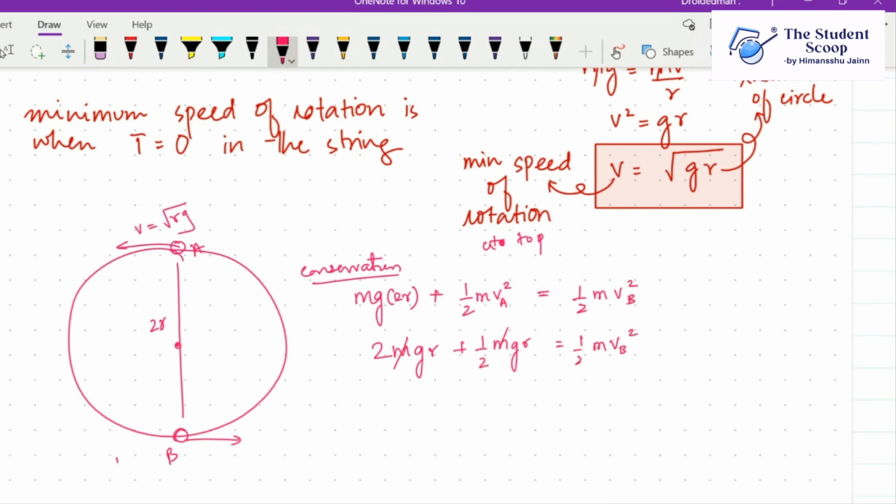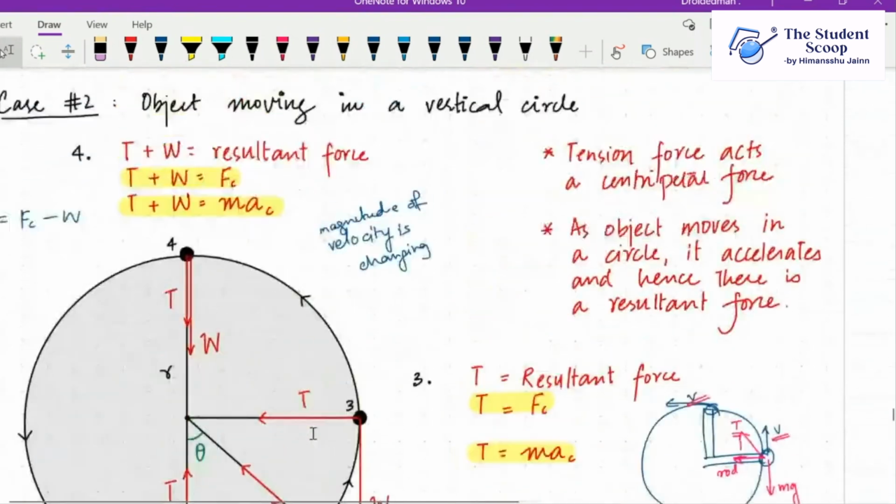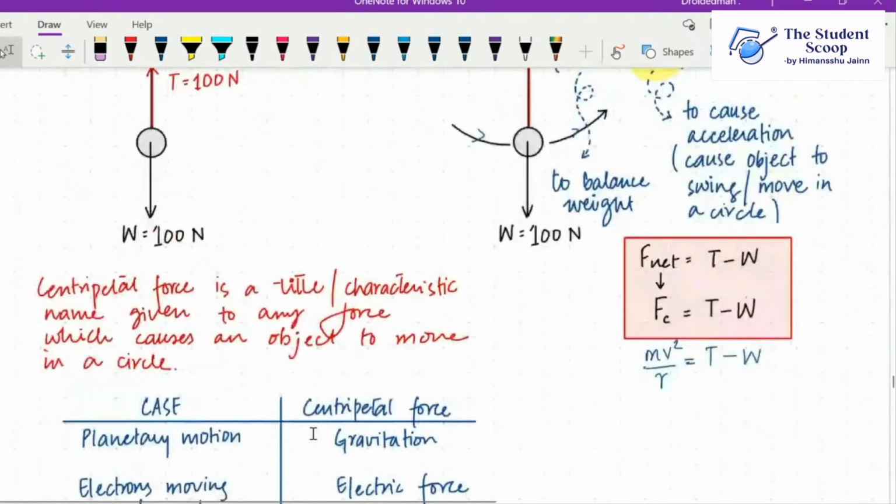We can cancel out all the m's, and if we work out the math, v_B will be equal to root of 5gr. This is the minimum velocity at the bottom so that the object can perform vertical circular motion without the string getting loose or the normal force becoming zero. Okay, so this is what we have covered in circular motion.